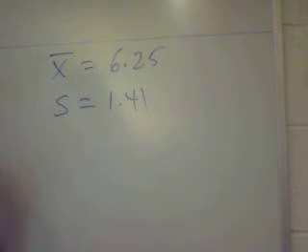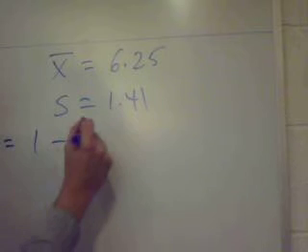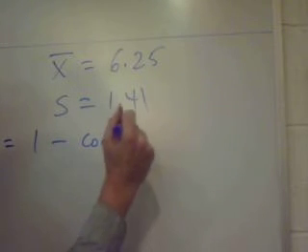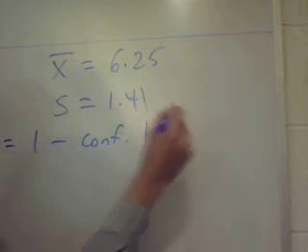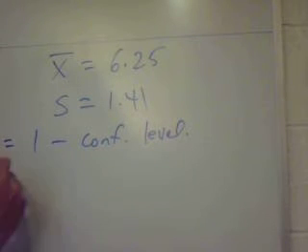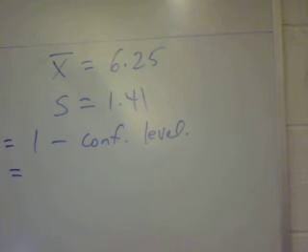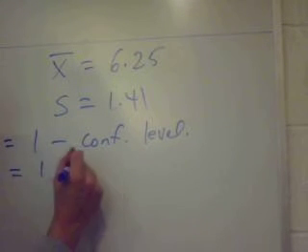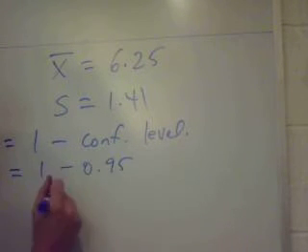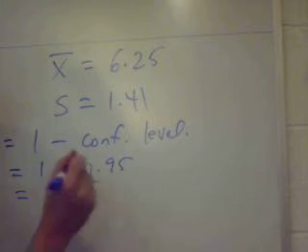Alpha is 1 minus the level of confidence, and that's given to you as 95%. So it's 1 minus 0.95, which is 0.05.